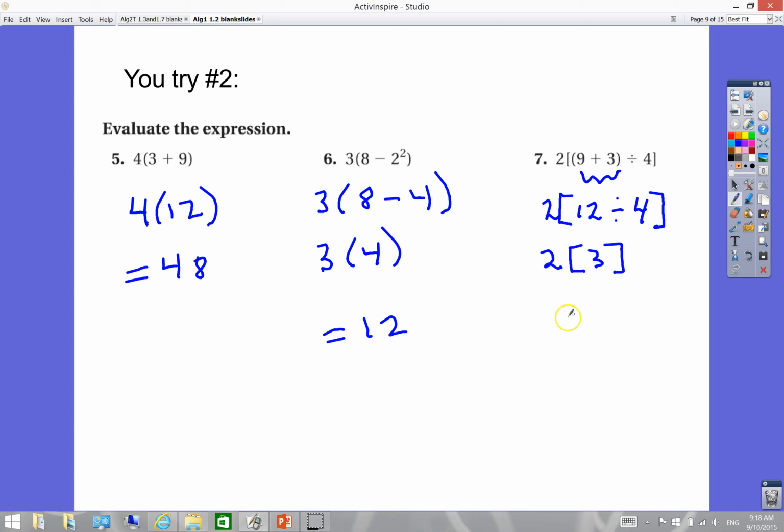And then 2 times 3 is 6. Honestly, now that I'm thinking about it, most of the time that I see nested grouping symbols, we just use parentheses. You can see parentheses inside of parentheses, inside of parentheses. As long as you've got the same number of left parentheses and right parentheses, it should be clear.